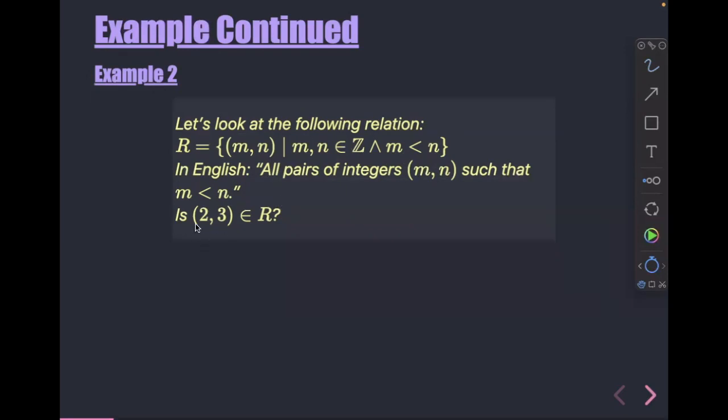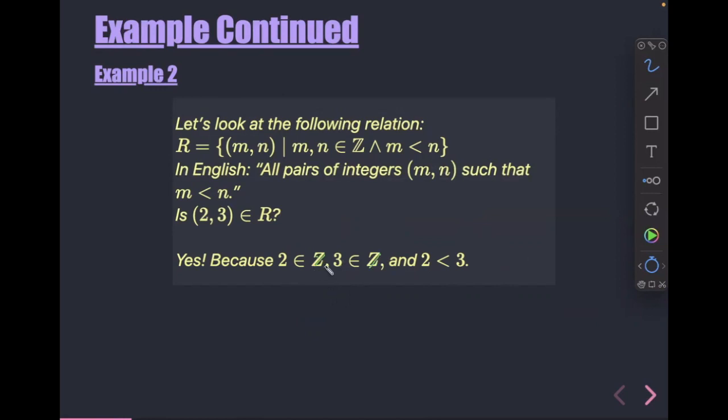My question is, is the pair 2, 3 in R? The answer is yes, because 2 is an integer and 3 is an integer. Sorry, the Z's look funny here. This is your set of integers, Z, so it has your two lines, you can imagine.